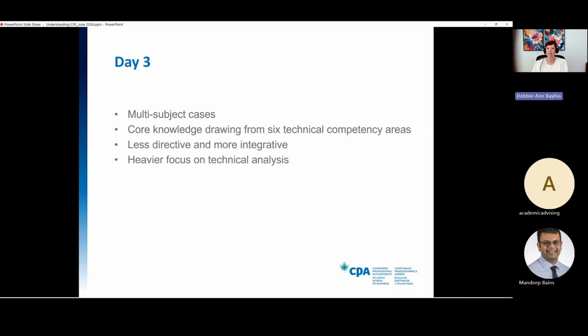That is financial reporting, management accounting, strategy and governance, audit and assurance, finance and tax. The assessment opportunities are less directive, and what that means is that they might not specifically ask you to do a particular task.